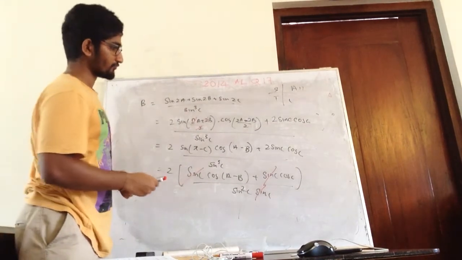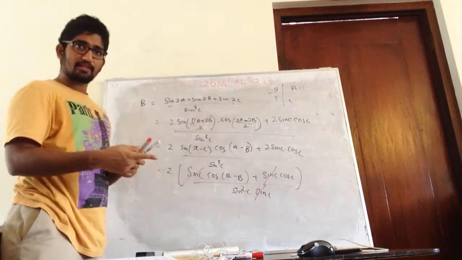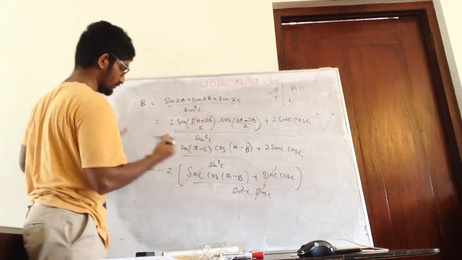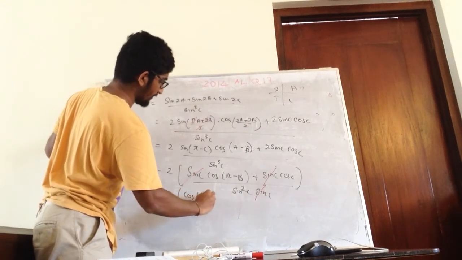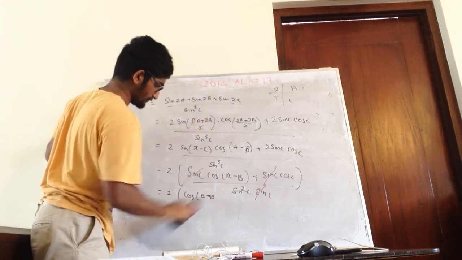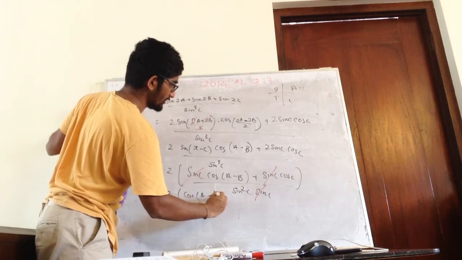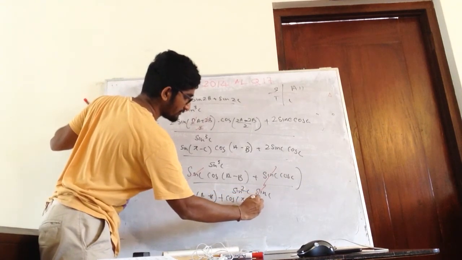Now cos C can be written as cos (pi minus (A plus B)). So 2 cos (A minus B) plus cos (pi minus (A plus B)).